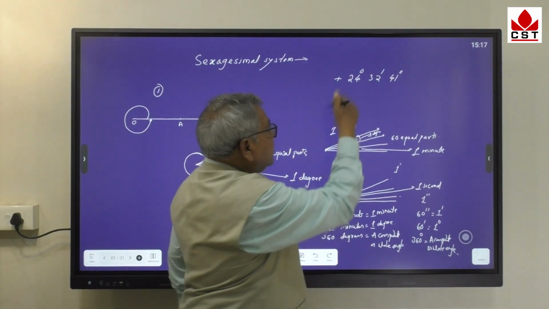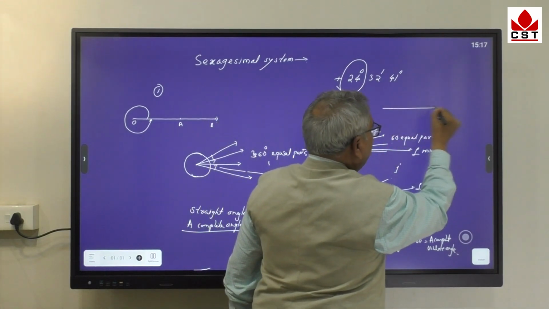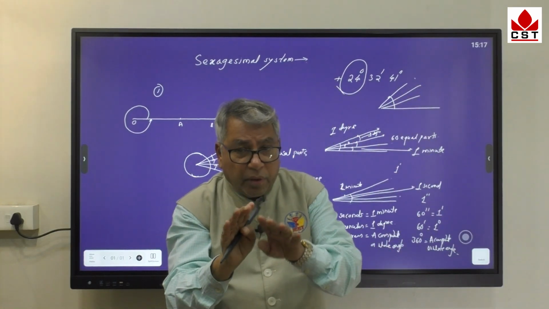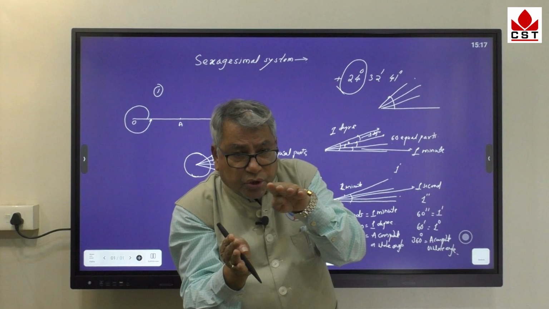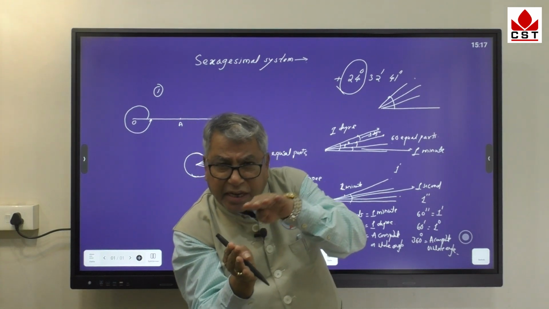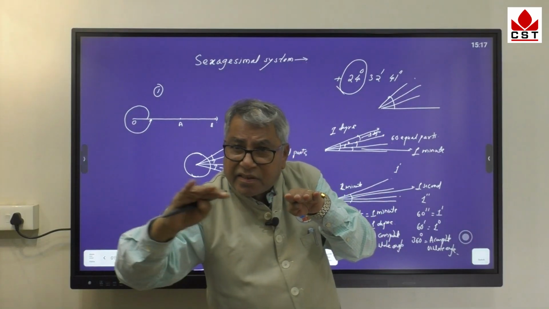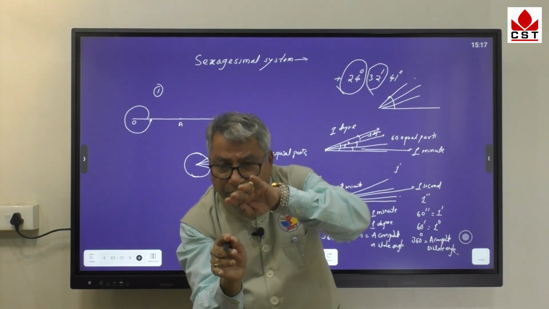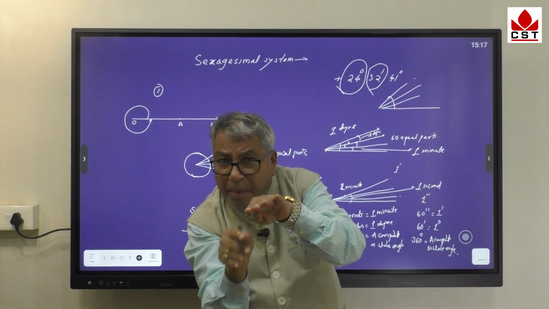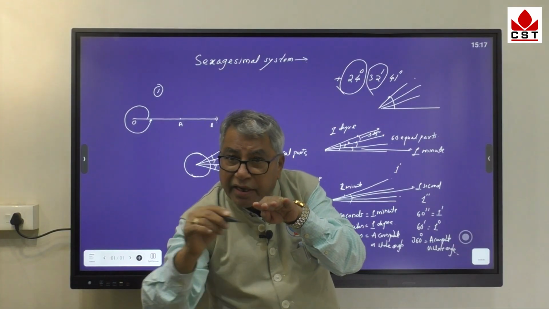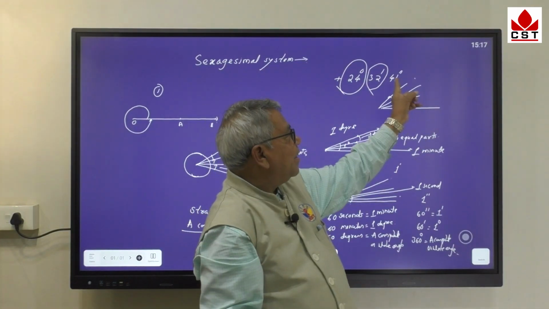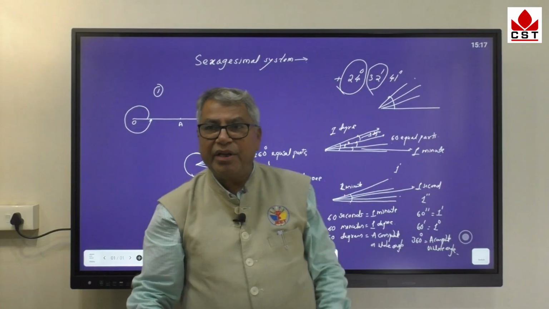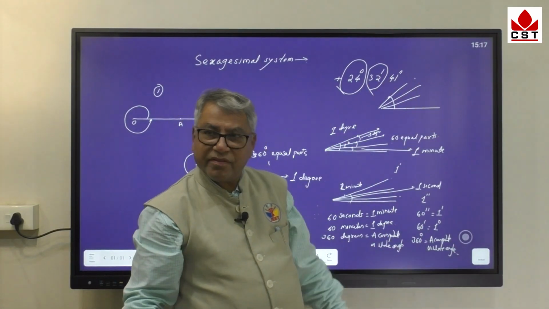First it completes 24 parts, 1, 2, like this, up to 24. It will not reach 25. In between 24 and 25 there are 60 equal parts, and out of that it completes 32 parts. Then from 32 to 33 there are again 60 equal parts, and out of that it completes 41. So this is the rotation, and this is the angle 24 degree, 32 minute and 41 second.